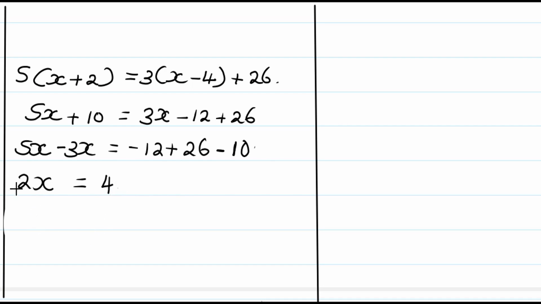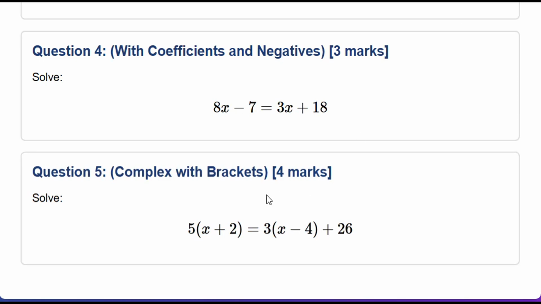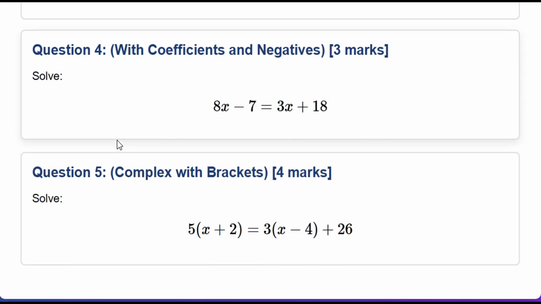Then from there, because we only need x, we don't need 2x, I divide both sides by the coefficient of x, which is 2. So it becomes 2 divided by 2 is 1, multiplied by x is equals to 4 divided by 2 is 2. And that becomes the solution for this last question, here, question 5.